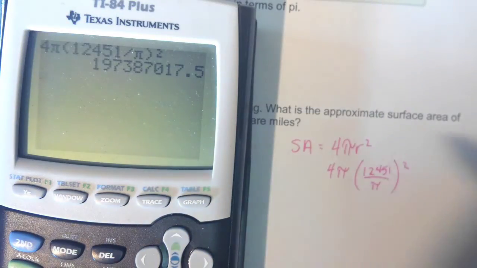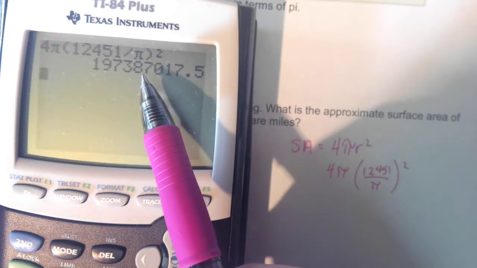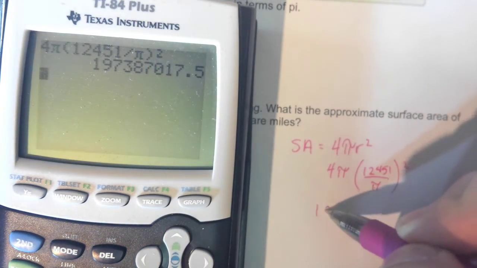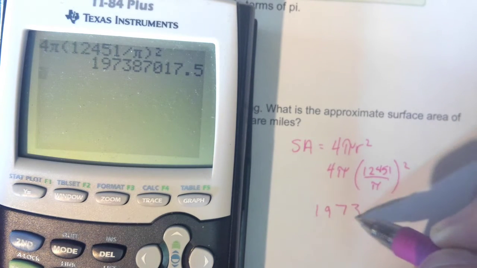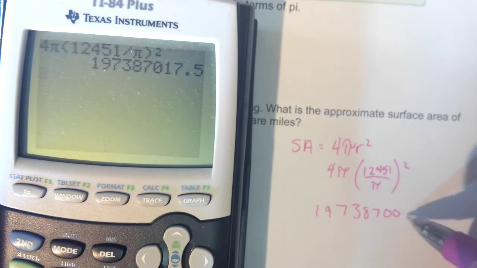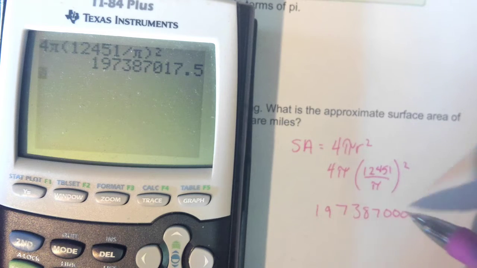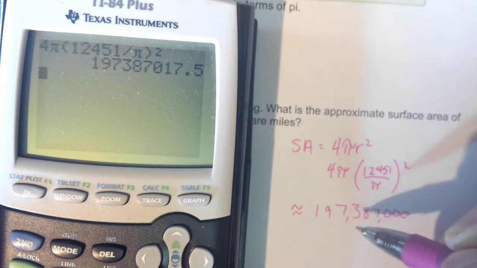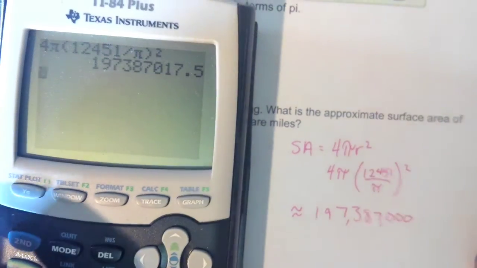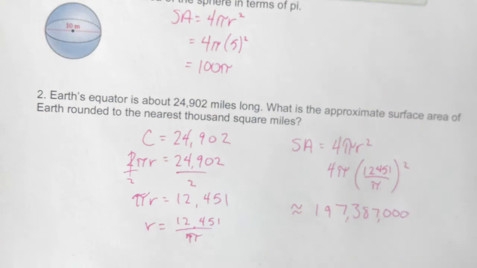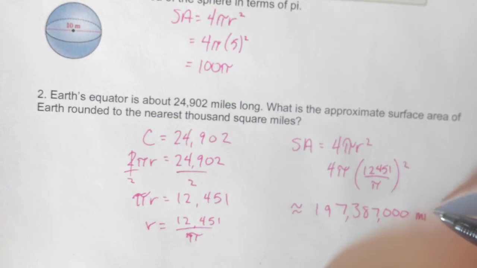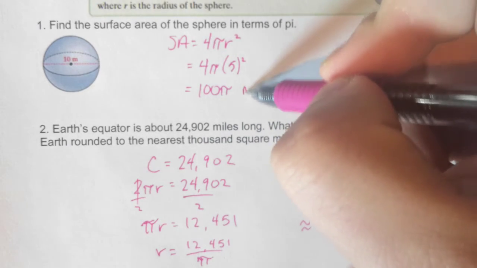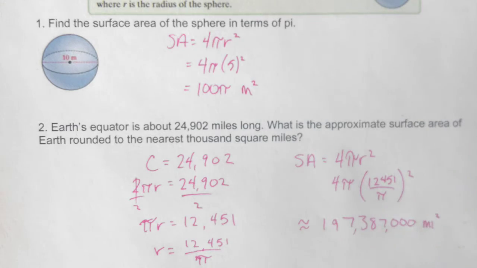So there's 1,000 right there. It's a 0 next to it, so it's going to be approximately 197,387,000 square miles. I forgot to put my label on here. Again, it's area. Remember, that's squared.